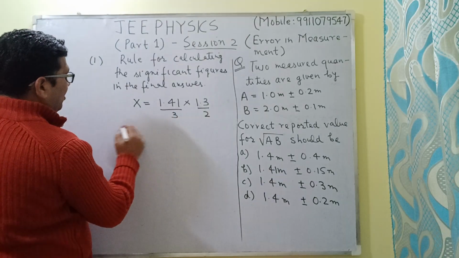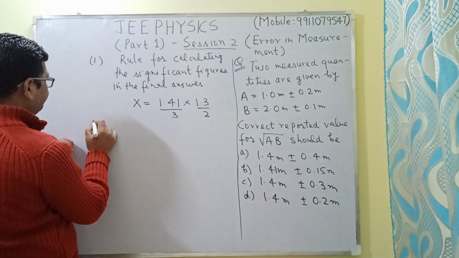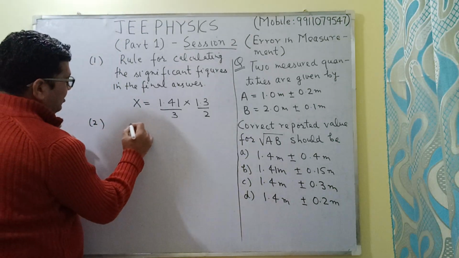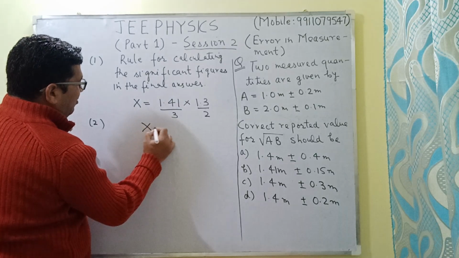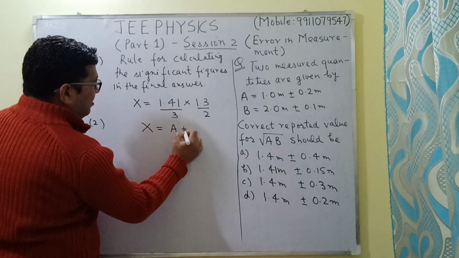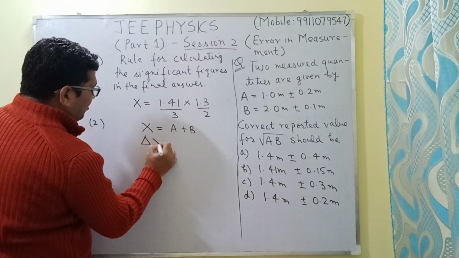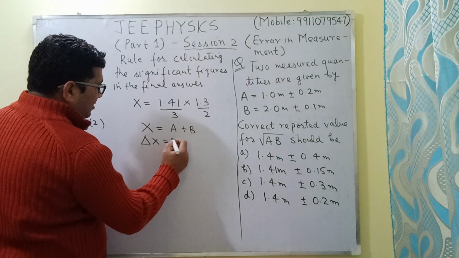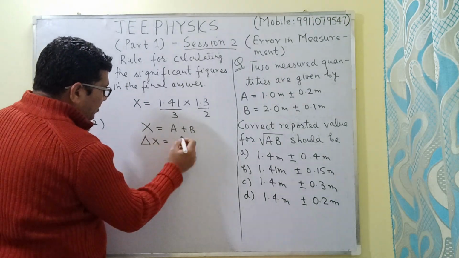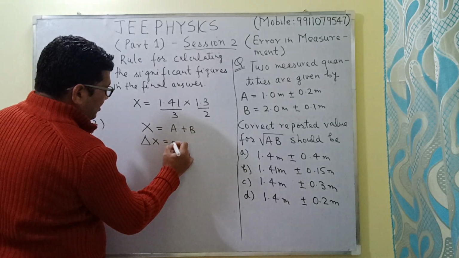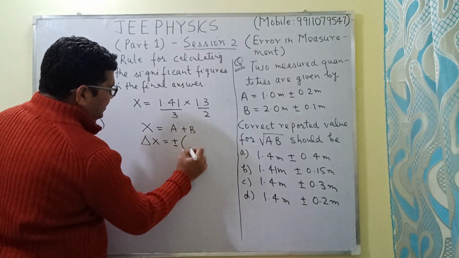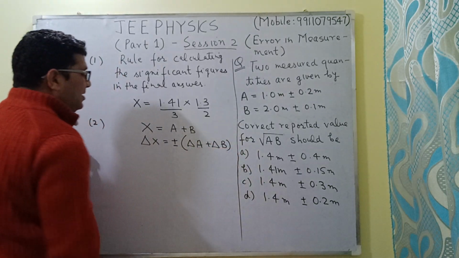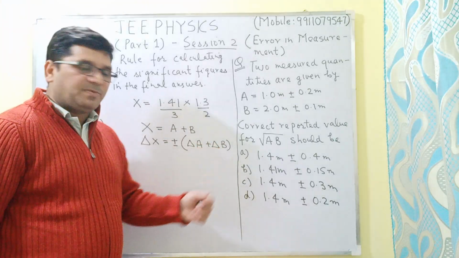Second thing, under the heading of the combination of errors, we have studied that if there is a physical quantity, let's say x is equal to a plus b, then delta x, the absolute error in the measurement of this final value, is equal to plus minus delta a plus delta b, where delta a and delta b are the absolute errors in the measurement of a and b respectively.